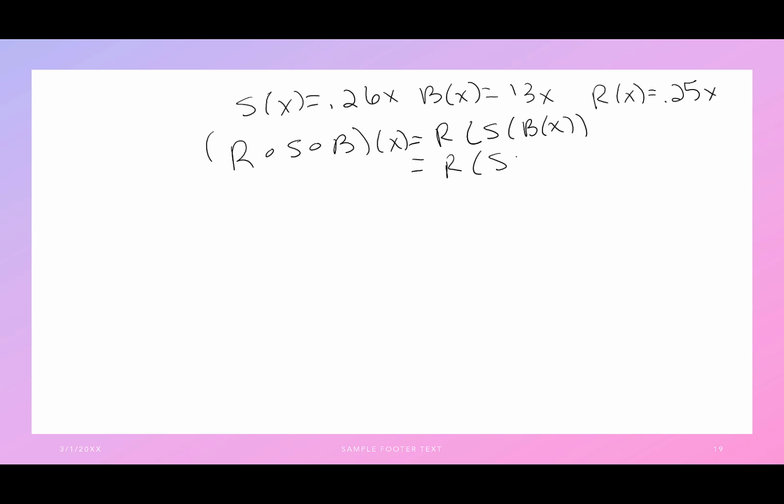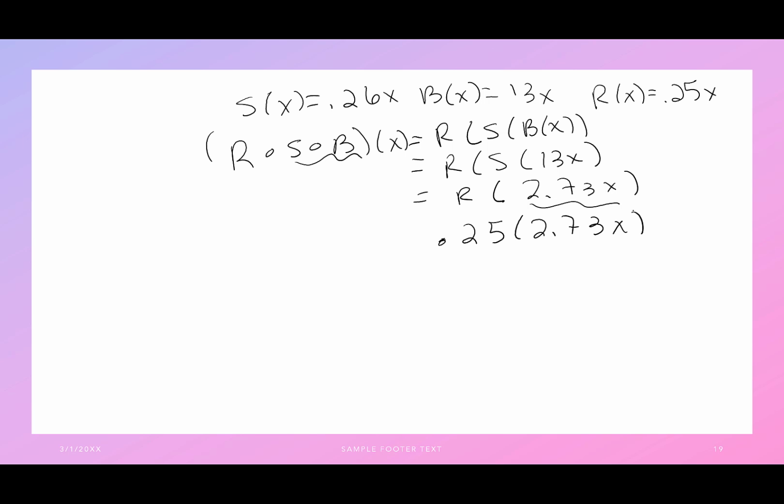We just did that: the S of 13x comes out to be 2.73x, right? We did that in the last step. This S of B was 2.73x. Now we're going to put in front of that 0.25 of 2.73 times x, which is 0.6825 of x. So this says for every beer that's sold, the Rathskeller is going to get about 68 cents.